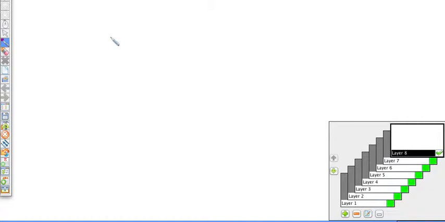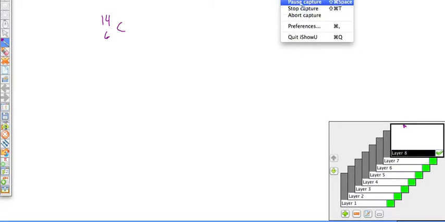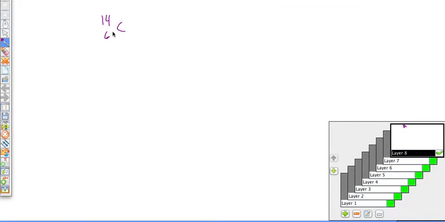Carbon-14 is a good example. Say you were given this isotope, you look at the periodic table and you'll find that the mass of carbon is somewhere around 12.